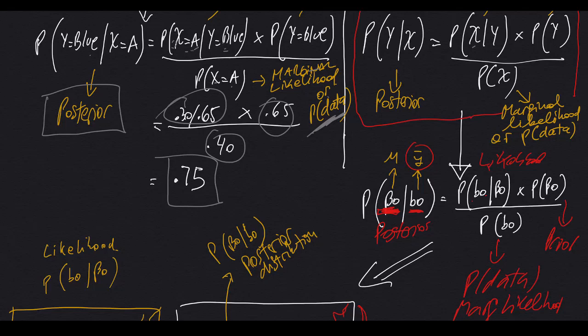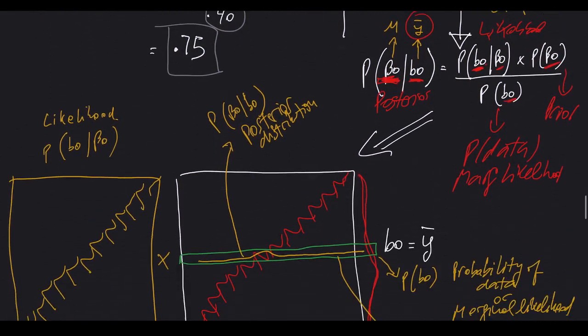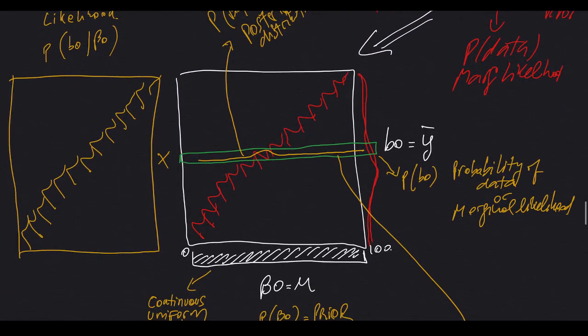The probability of observing a specific value of B0, which is the one we observe in our sample, given any possible value of beta 0. That's multiplied by the prior probability of beta 0, and that is divided by the probability of B0, which is the probability of observing the value we observe in our data, in our sample.